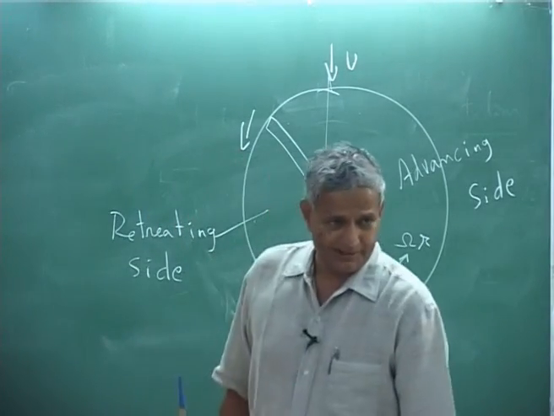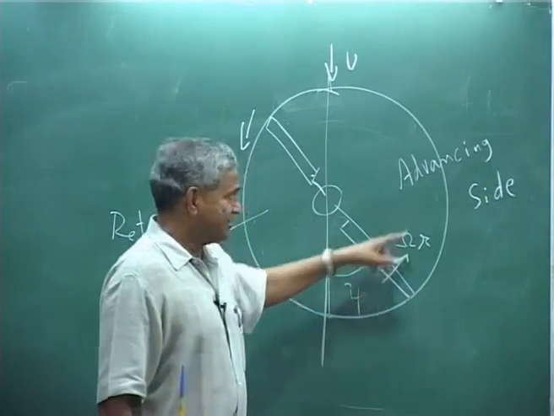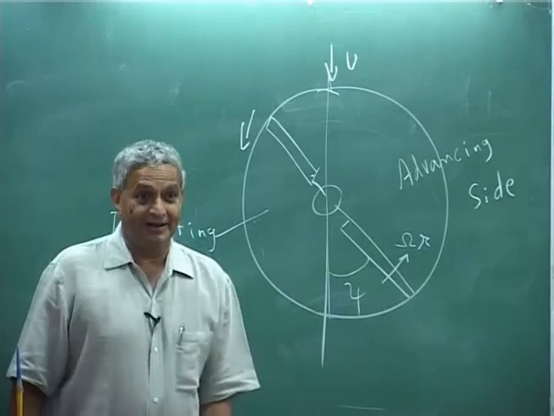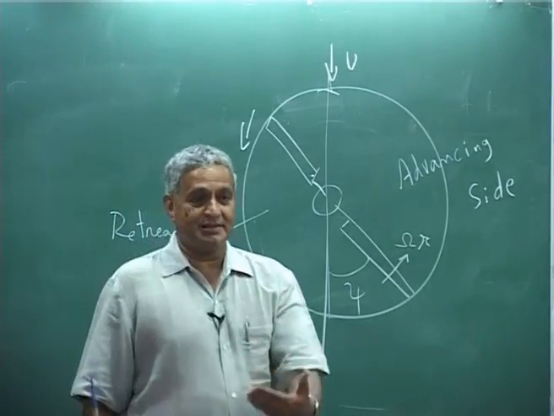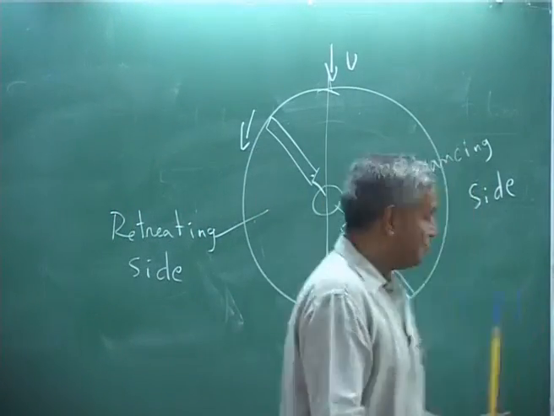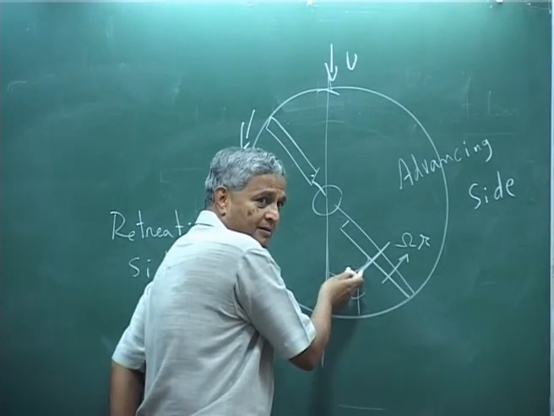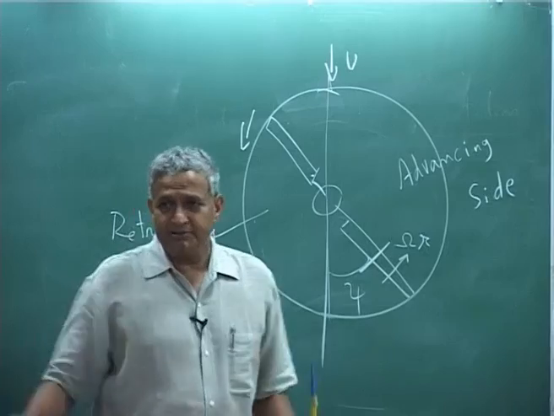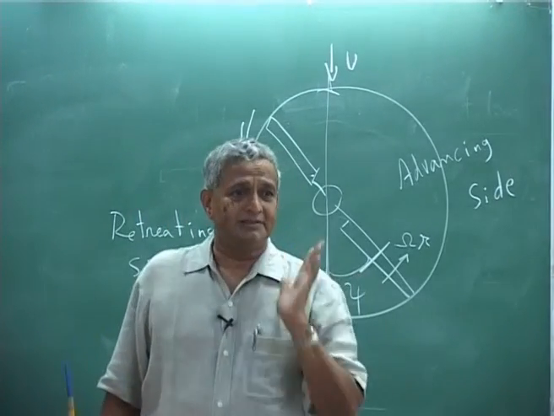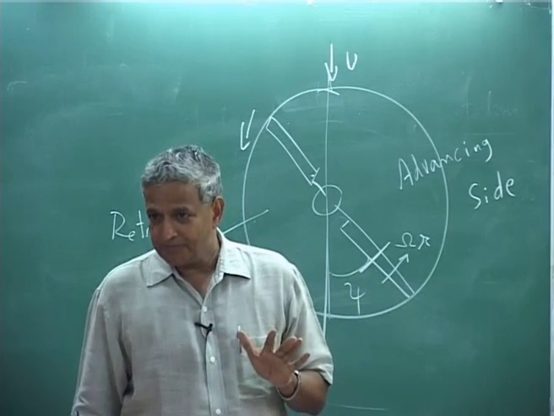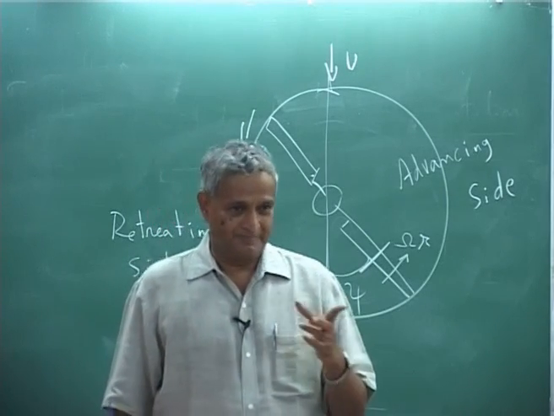Now, you immediately know, because my velocity is now varying, the oncoming flow is time varying, because if you take a cross section, our basic aerodynamics says what is the normal velocity, but that normal velocity is no longer a constant, it is varying with time.